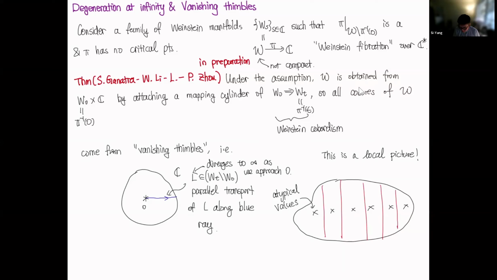But how do we cut? It is actually not like a casual cut. We need to use this so-called sectorial decomposition. So what is that?